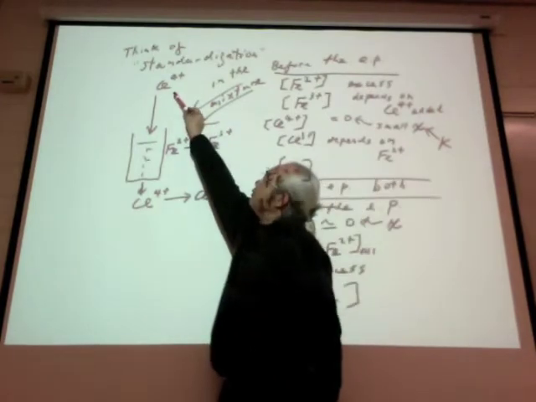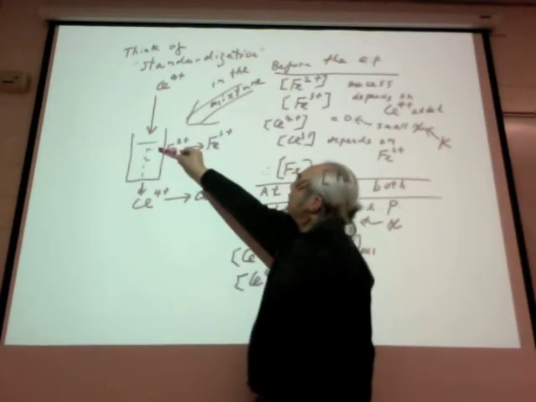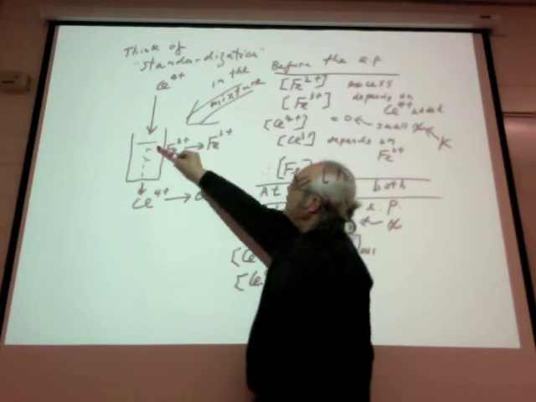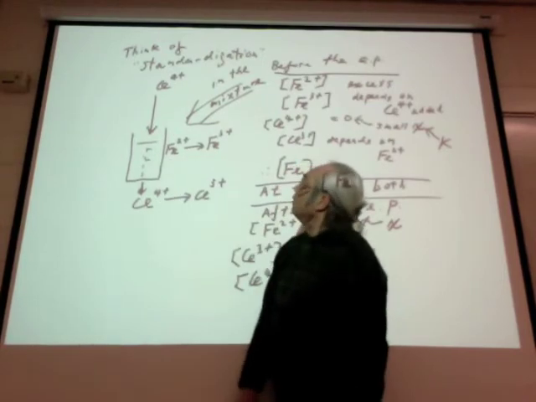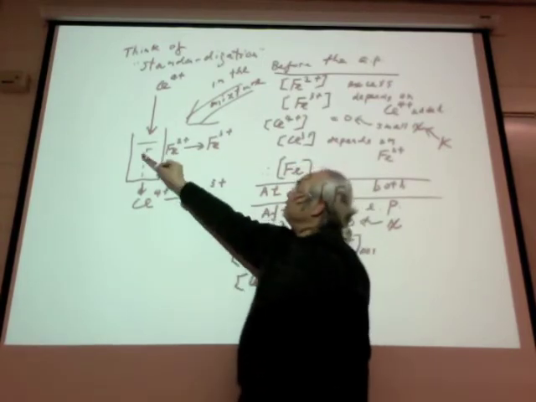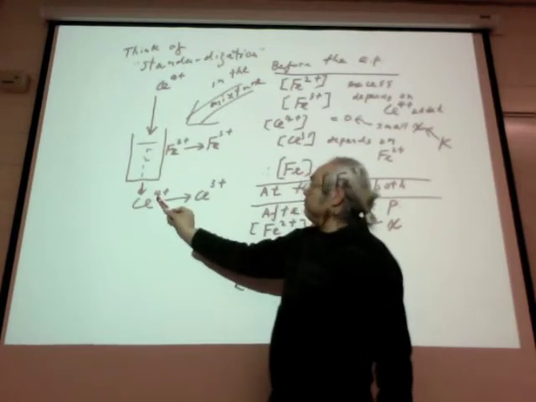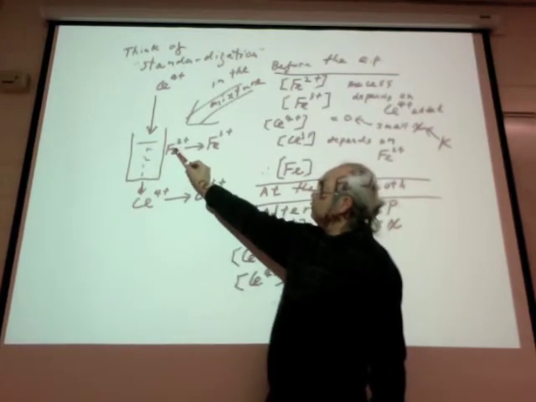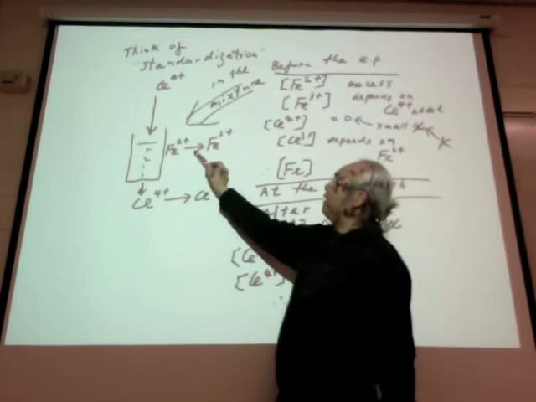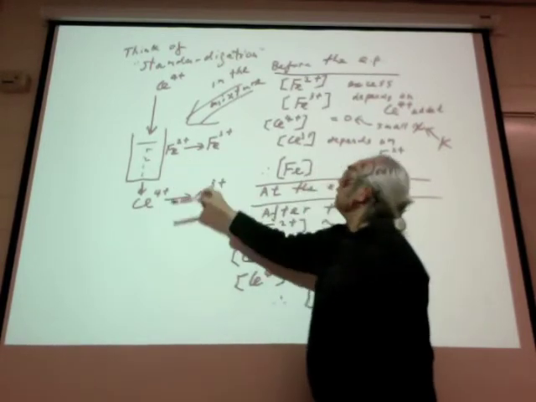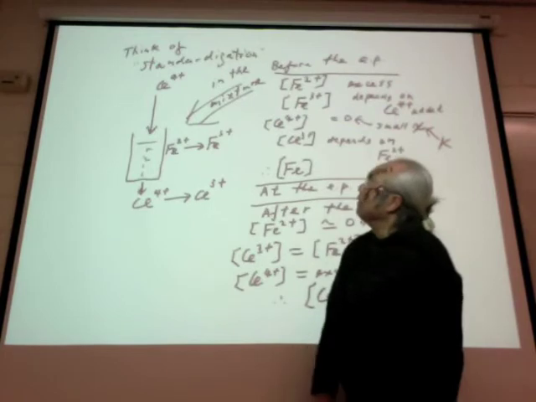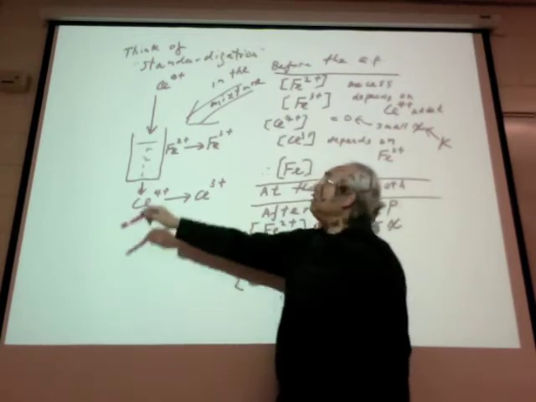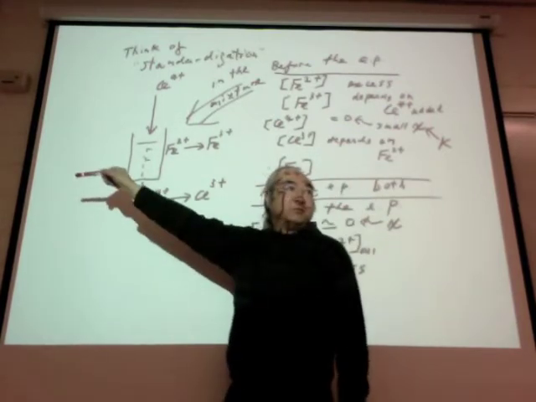Okay, so once you start to add your titrant, you're going to create a mixture. The mixture will make the 4+ become 3+, and this 2+ becomes 3+, right? Once you add that, you're going to have this kind of thing. Think along standardization.